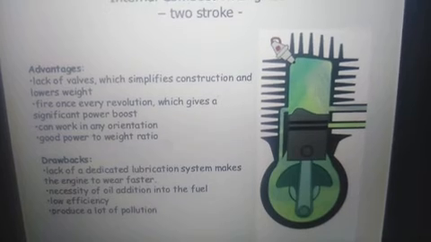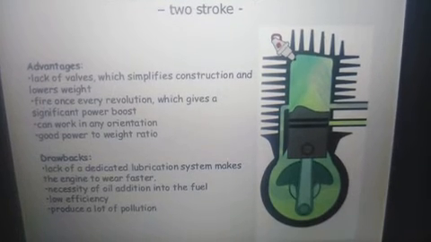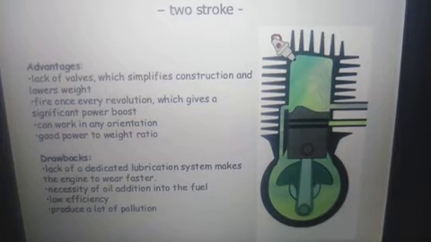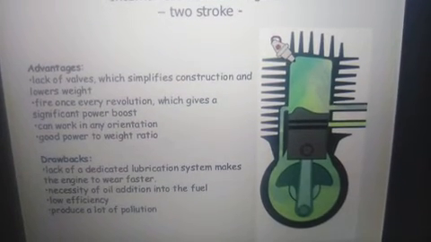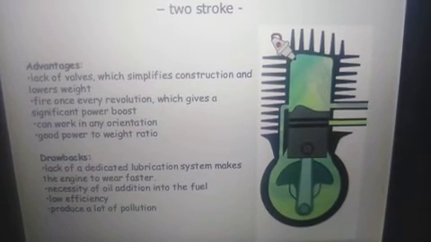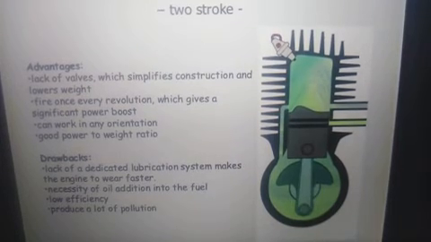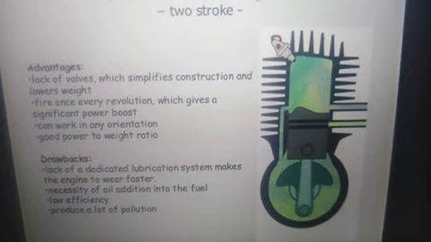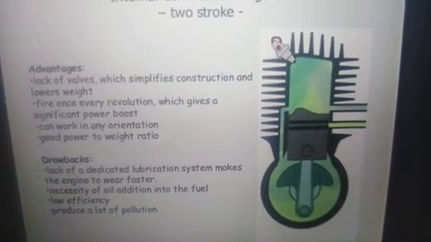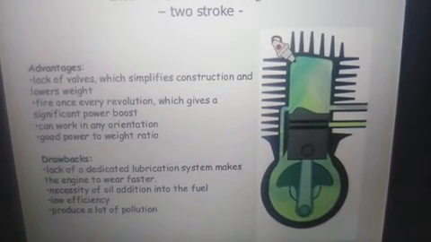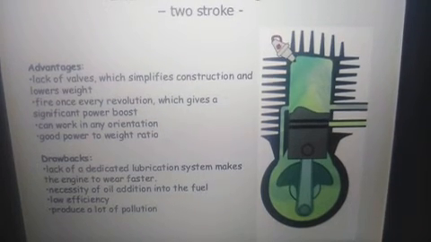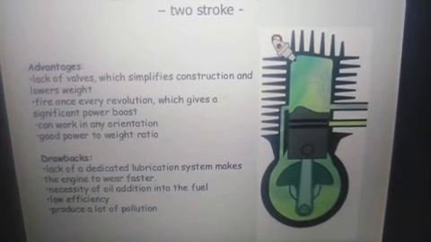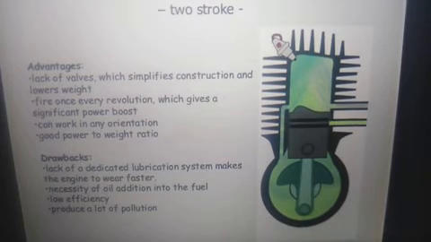Another drawback of these two-stroke engines is lack of dedicated lubrication system, which makes the engine wear faster. Dedicated lubrication systems are the lubrication systems which are provided to the four-stroke engine, that is water jets, air cooling, different compartments which are used for the cooling of an IC engine.